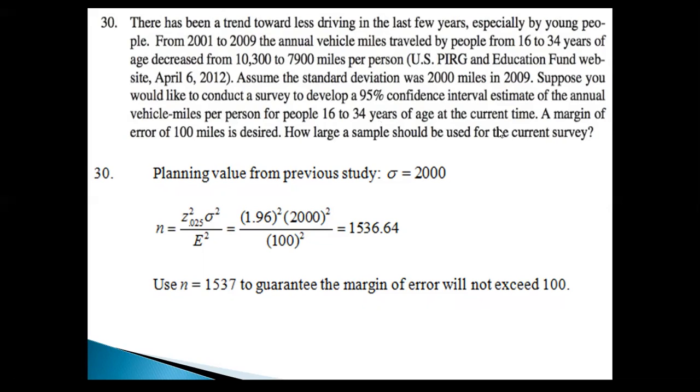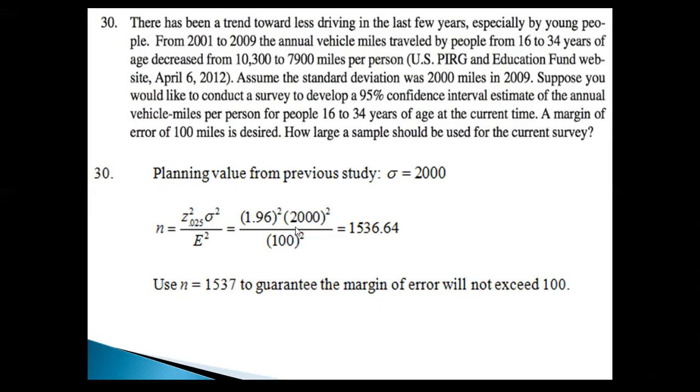All right, so what do we know? Well, we know the standard deviation is 2,000. We know the margin of error is 100, and we know we want a 95% confidence interval. So basically, that tells us everything. We have a 1.96 we're going to use for the z of 0.025. We know sigma was 2,000, and we know e is going to be 100.